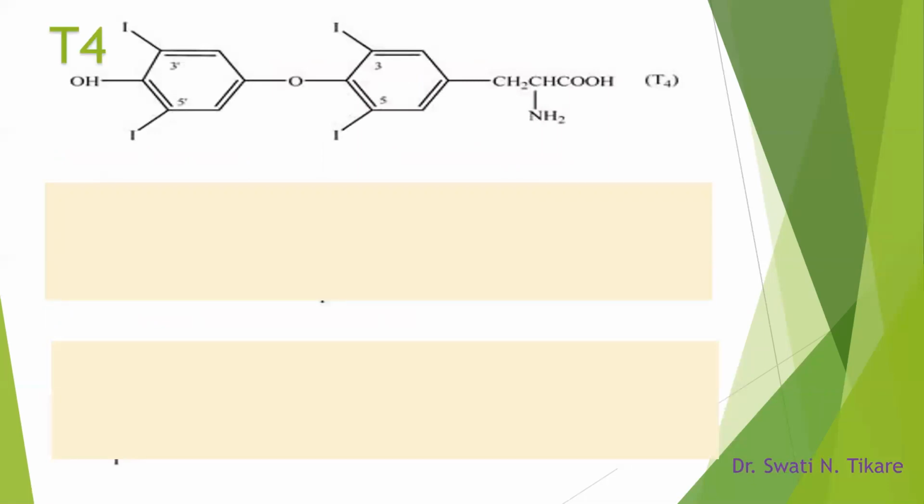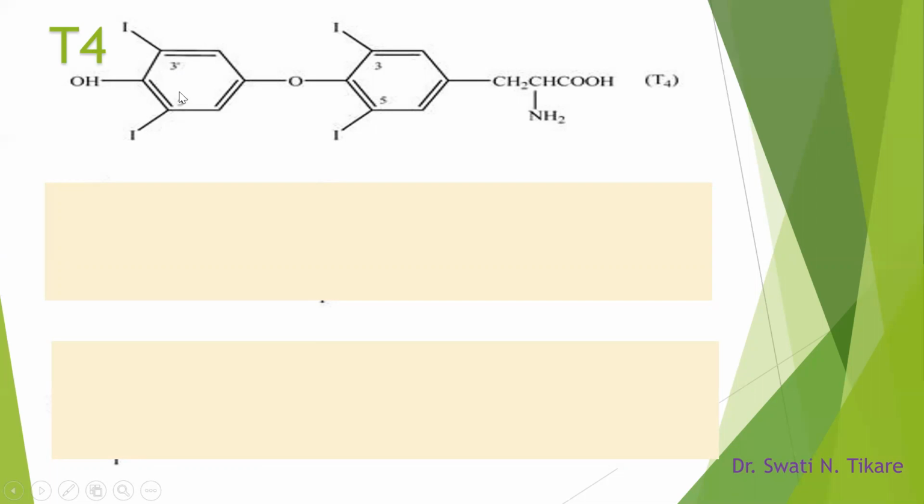Okay, coming to the structure. Two tyrosine molecules combine, and once the tyrosine molecules are iodinated and combined, they form the T4 hormone. We will go to the synthesis in detail, but please note the structure of T4. So draw a benzene ring.